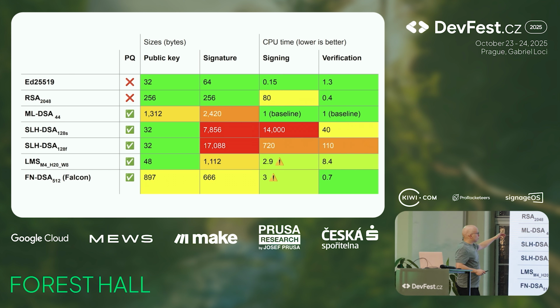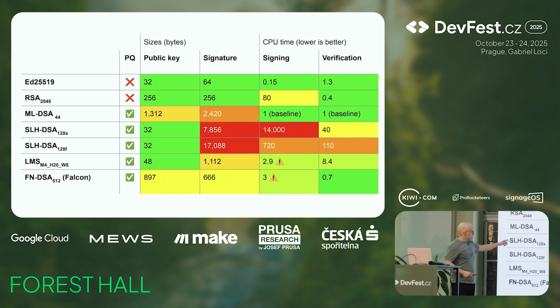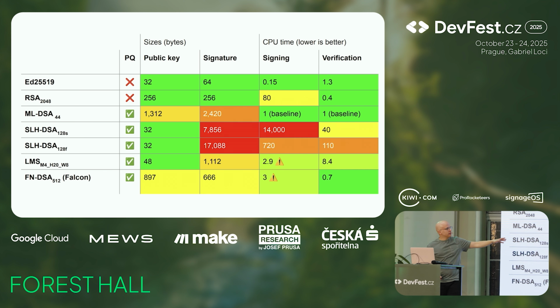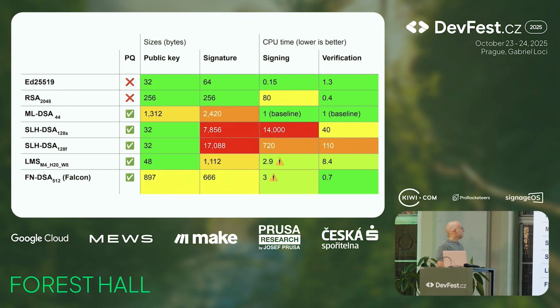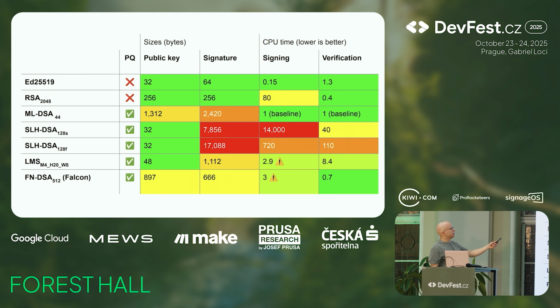Now, if I go to those post-quantum ones, which is these ones, you can see that suddenly the table is not that green, right? Unfortunately, there are some where the public keys are quite small, but then the signature is huge, which depending on your setup can be, and also doesn't have to be, a problem.